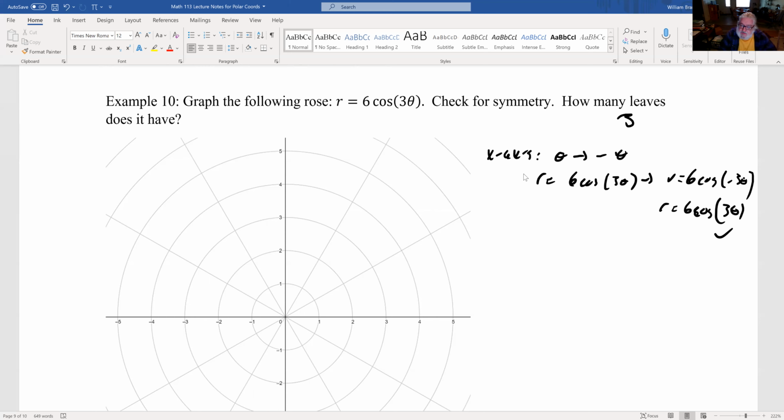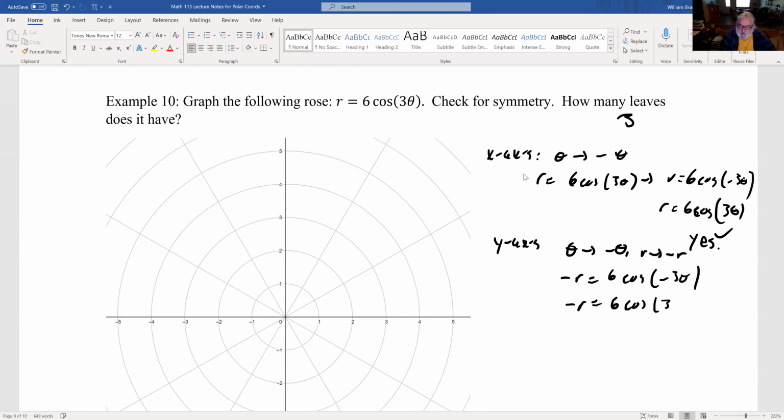So it does have this symmetry. It'll have x-axis symmetry because cosine is even. Does it have y-axis symmetry? That means replace theta by minus theta, r by minus r. That's not going to work because the minus theta, as we saw above, disappears. We get r equals minus 6 cosine 3 theta. So we don't actually get any information there.